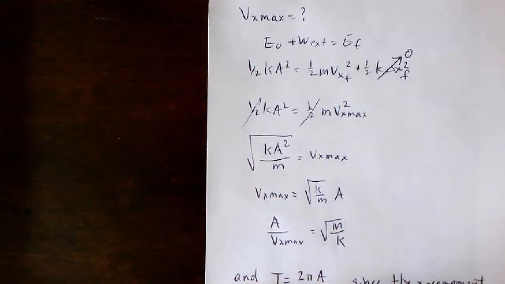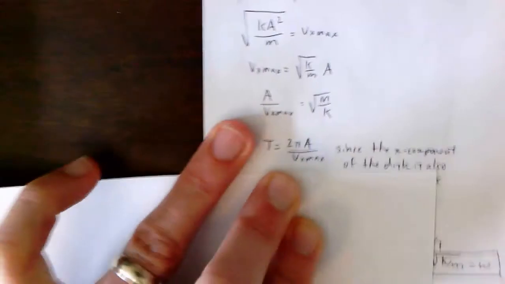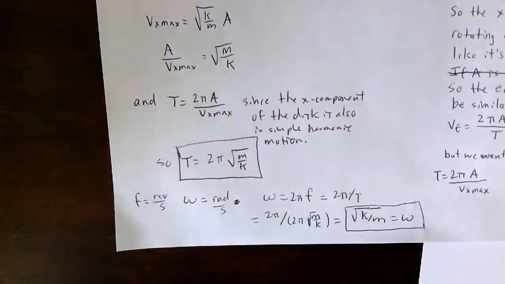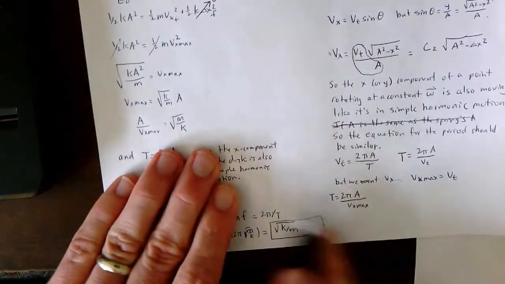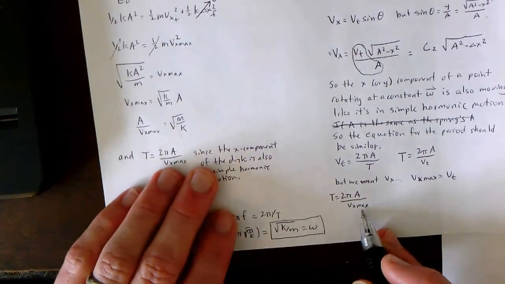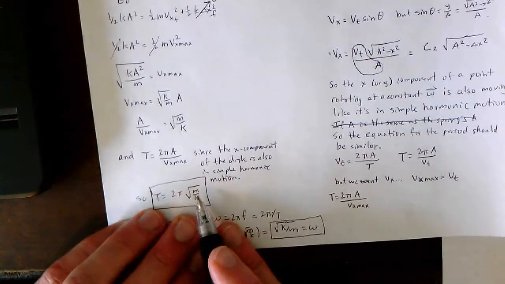So T, if you remember from the period, was 2 pi a over Vx max. We're going to plug in a over Vx max. So a over Vx max is root m over k.